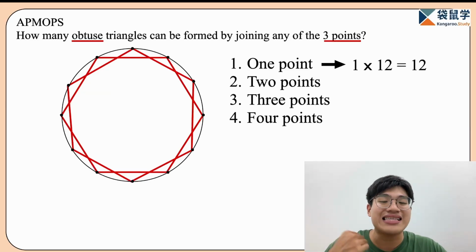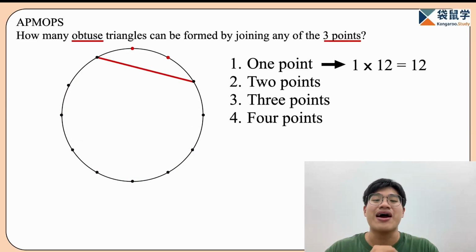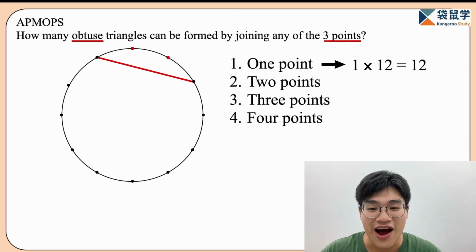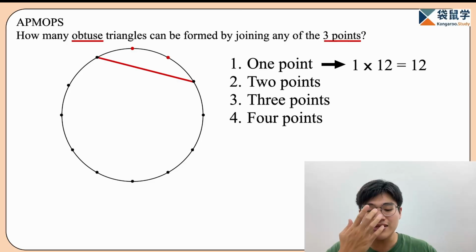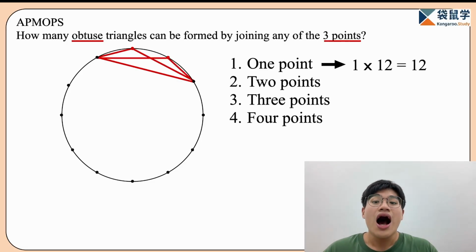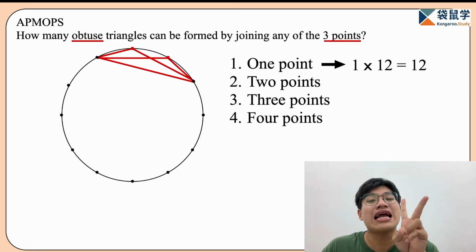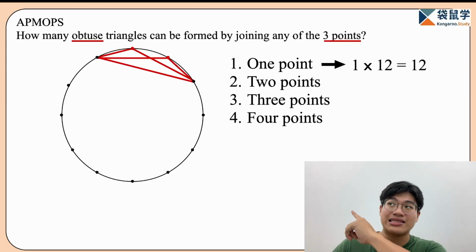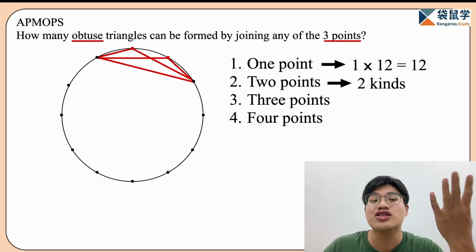Now let's see the second scenario. The second scenario is containing 2 points in the smaller part of the circle. How many triangles can I make from here? I actually can make 2 kinds of triangle, and it will look like this. So let me write it down. It's 2 kinds.